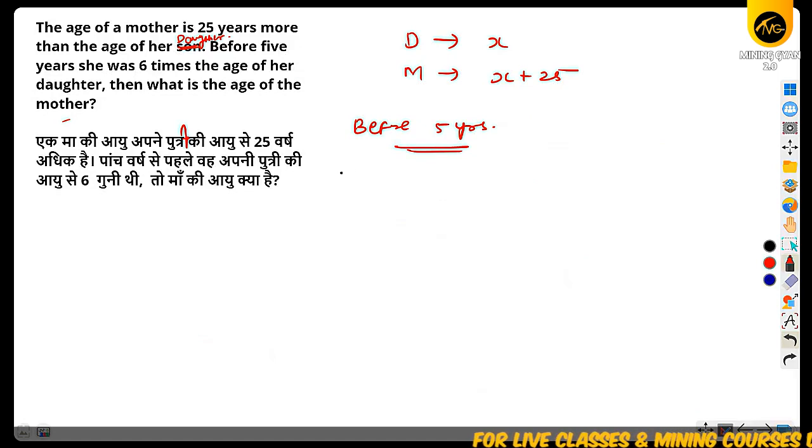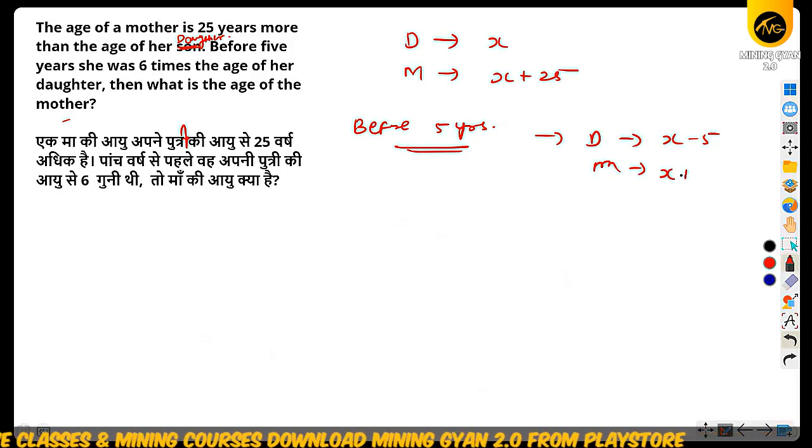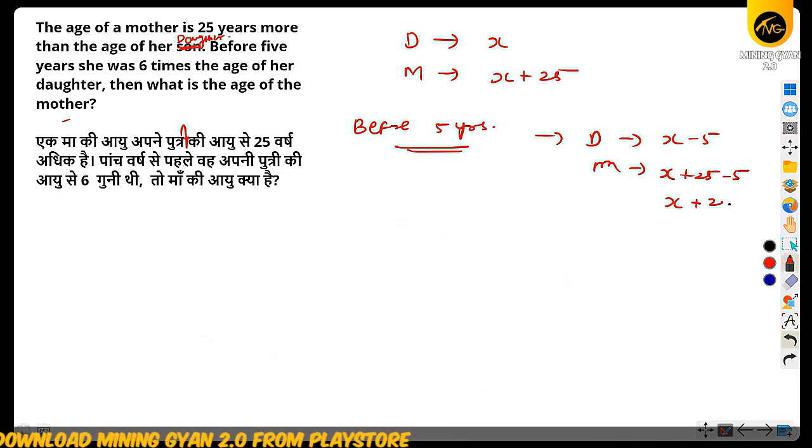now create the logic behind this question. Before 5 years she was 6 times the age of her daughter. She was, that means mother was, okay. So before 5 years daughter will be x minus 5 and mother will be x plus 25 minus 5, so x plus 20.